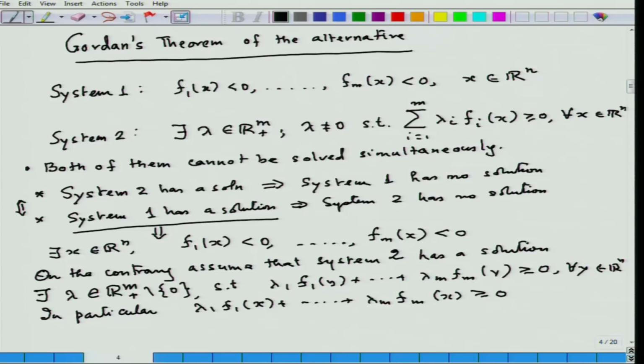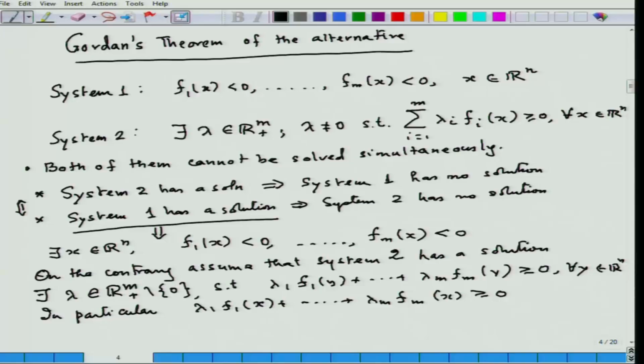Now, I know for this particular x, f 1 x is strictly less than 0, f 2 x is strictly less than 0, and so on up to f m x strictly less than 0. All these lambda 1, lambda 2, dot dot dot, lambda m are greater than or equal to 0 and at least one of them is non-zero, which means there is at least one element where lambda k is strictly bigger than 0, and f k x is anyway strictly less than 0.